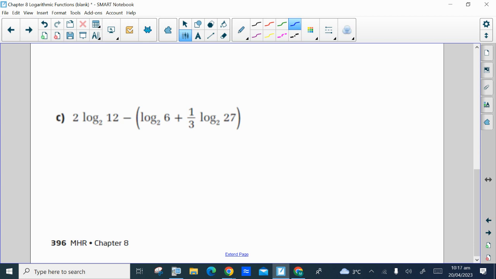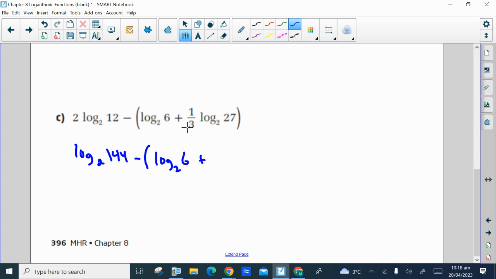Right, question C. Again, we're simplifying. We're writing them as a single log first and then evaluating. So for the first term, the 2 can come up as a coefficient. It'll be 12 squared or 144 minus... So let's keep the brackets for now. Let's see if we can simplify that expression inside the bracket.